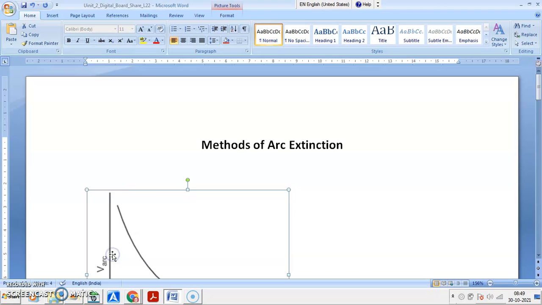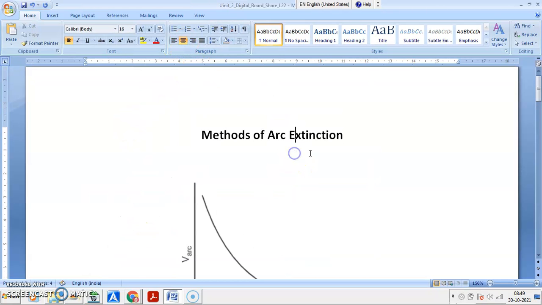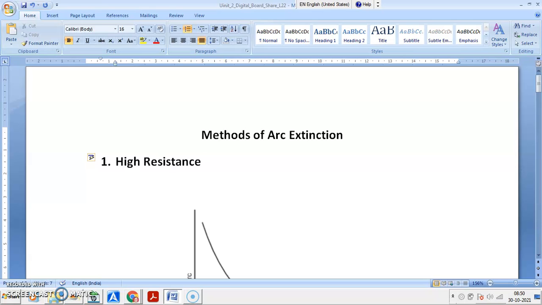So there are two methods of arc extinction. Number one is called high resistance arc interruption.